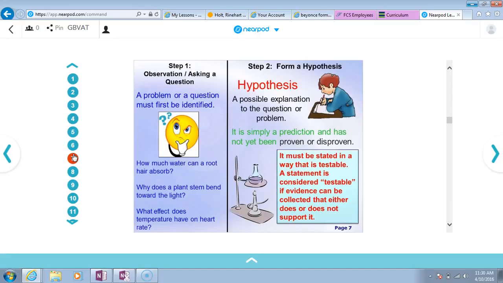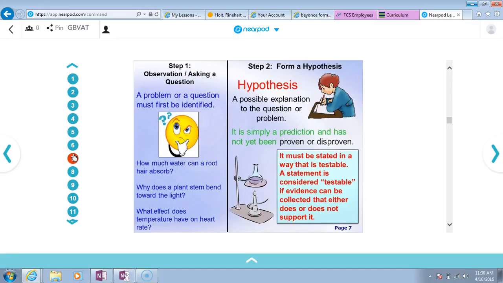Hypothesis, a possible explanation to the question or problem. It is simply a prediction that has not yet been proven or disproven. It must be stated in a way that is testable. A statement is considered testable if evidence can be collected that either does or does not support it. So it can be tested based on your observations, your experiment.